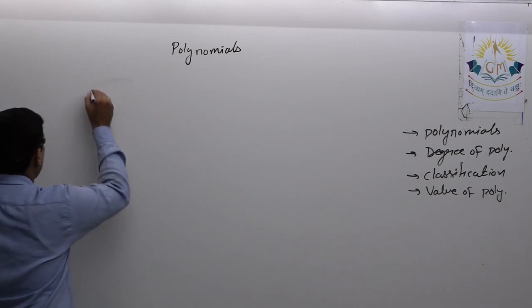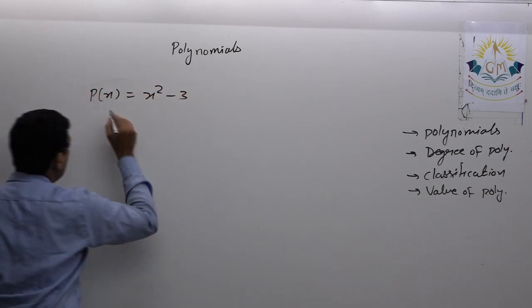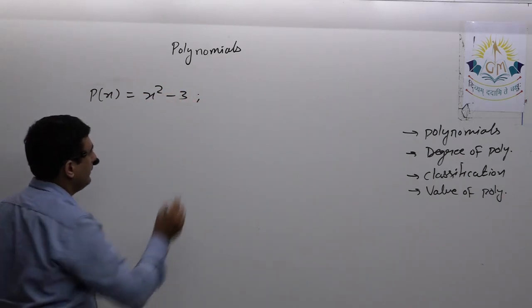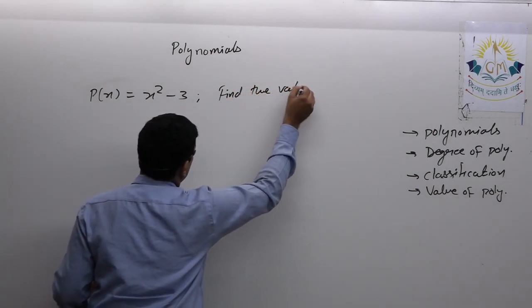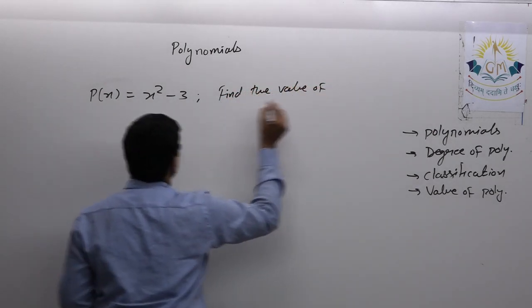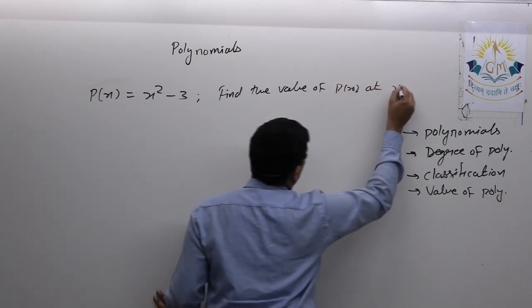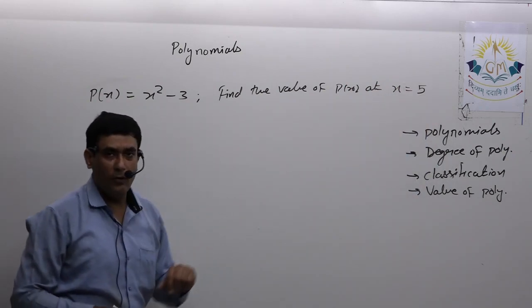For example, if p(x) is equal to x square minus 3, then find the value of polynomial at x equal to 5 for a while. Then this is called the value of polynomial.